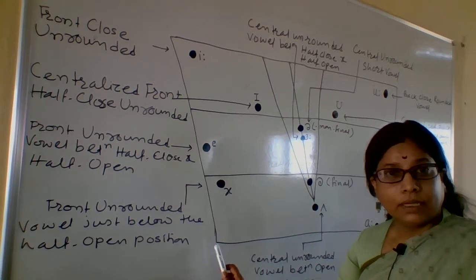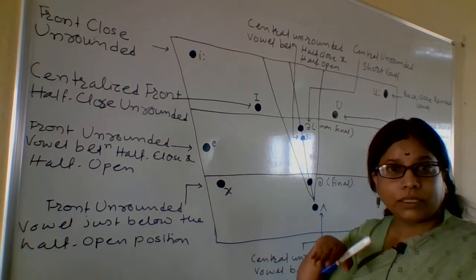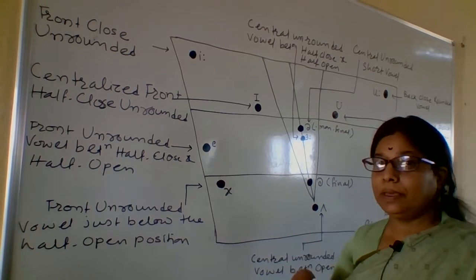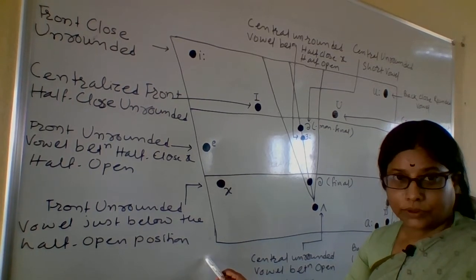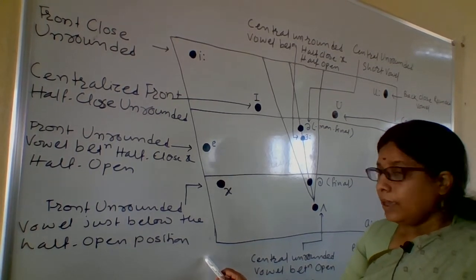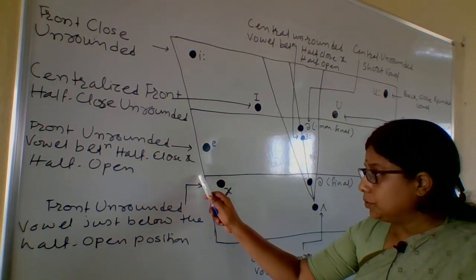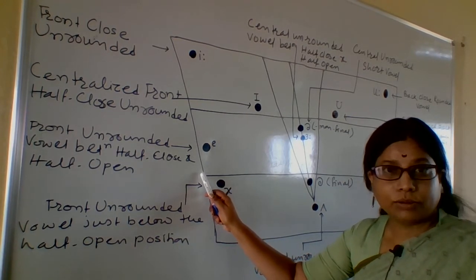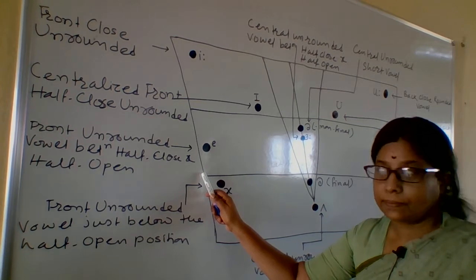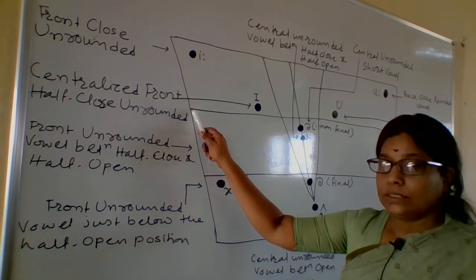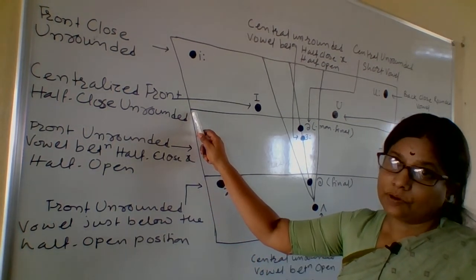When the tongue is in the horizontal position, when we are not speaking, it is known as the open position. If it is raised to this height, this is known as half open position. If it is raised to this, this is known as the half closed position.